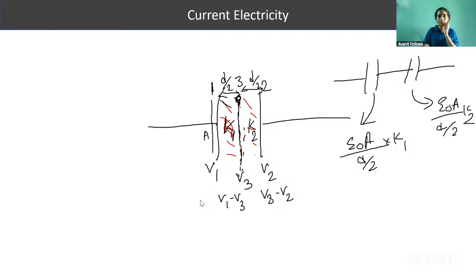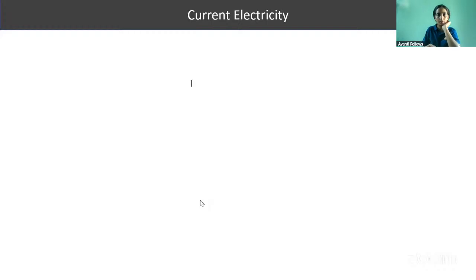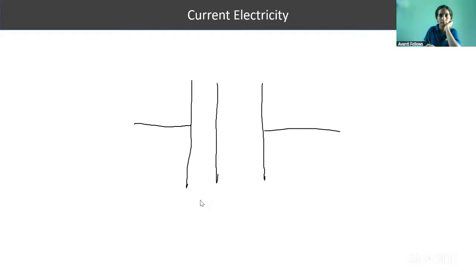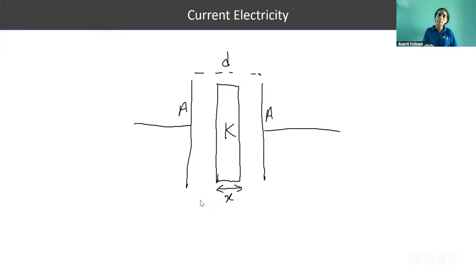Now tell me one simple thing. Let's do a question and tell me. This is the dielectric, okay? A dielectric of dielectric constant K, and its thickness is x. The distance between the plates is d, and the area of the plate is a. You have to tell me what is the capacitance of this system if the capacitance of the capacitor without the dielectric, that is epsilon naught a by d, was equal to c naught.